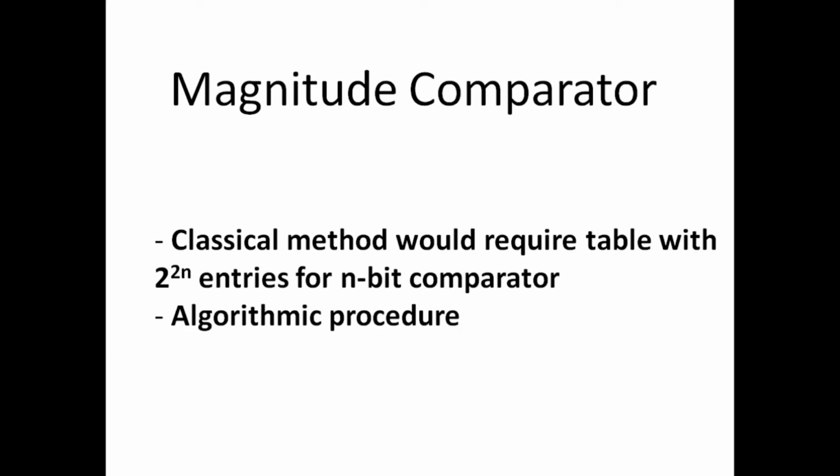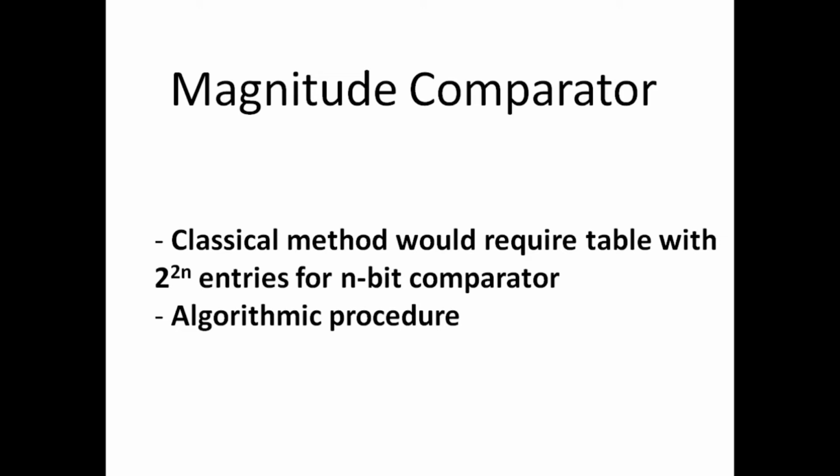Any circuit that has a regular pattern can be implemented using an algorithmic procedure. So in today's lecture, I'll design a magnitude comparator, and I'll be using an algorithm to implement it.